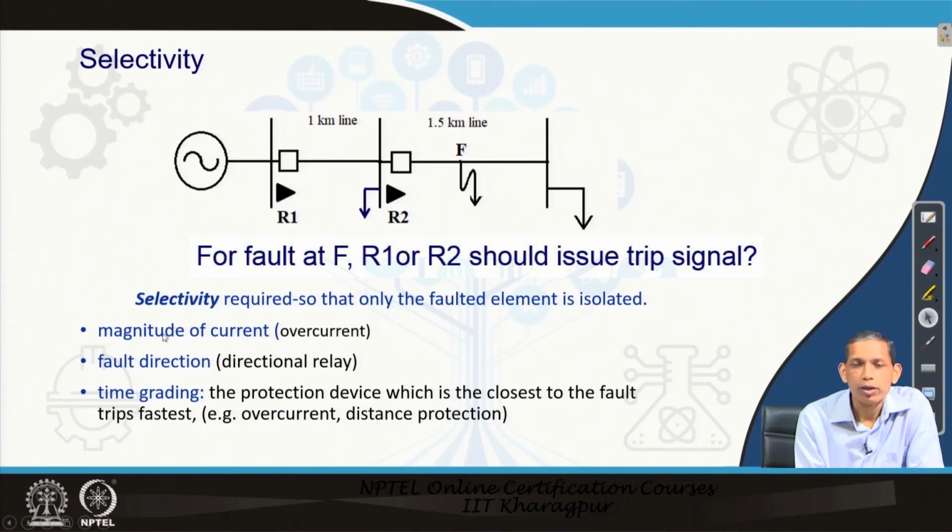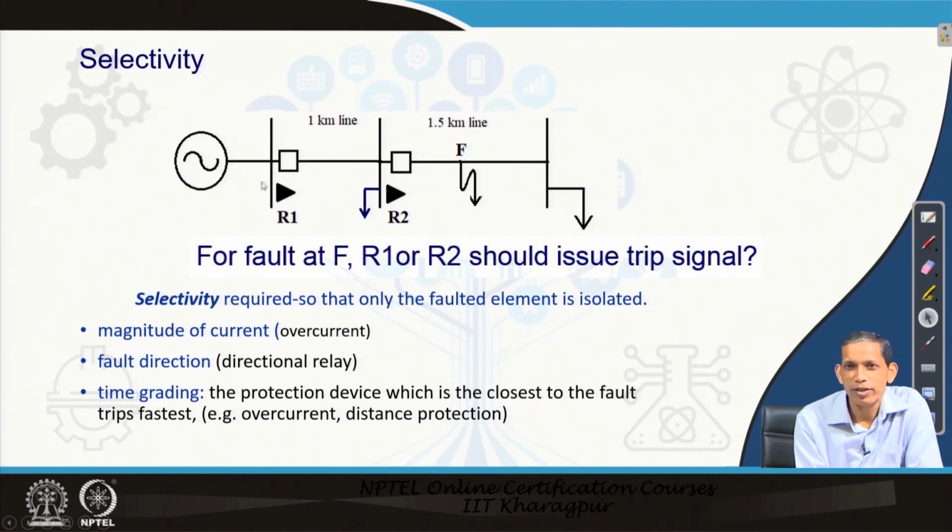Magnitude of current: when the line sections become longer, faults in different sections can be easily identified from the magnitude of current. But if the line sections become smaller, like 1 kilometer here and 1.5 kilometer here, a fault in this section or in these sections will lead to a similar level of current.